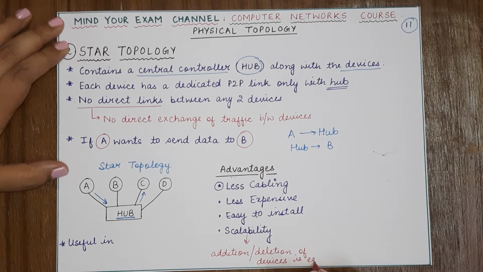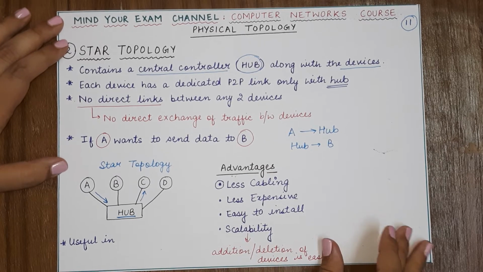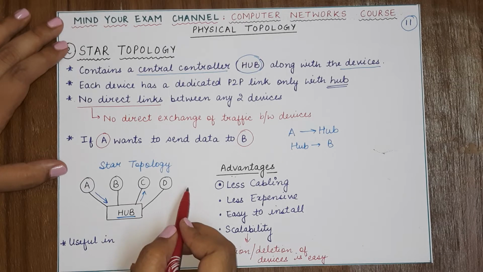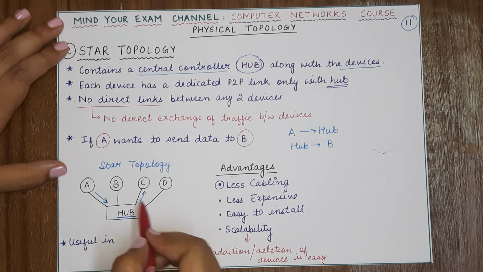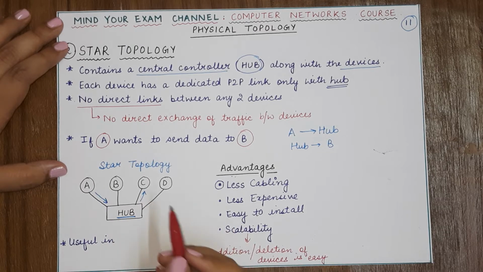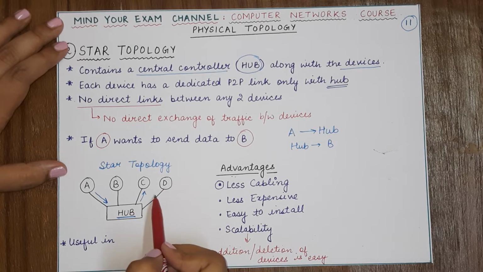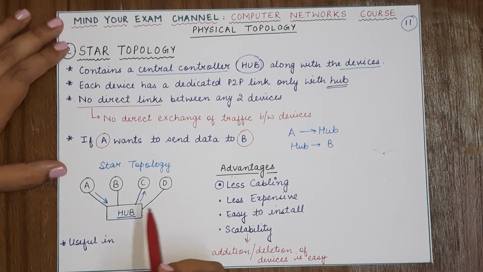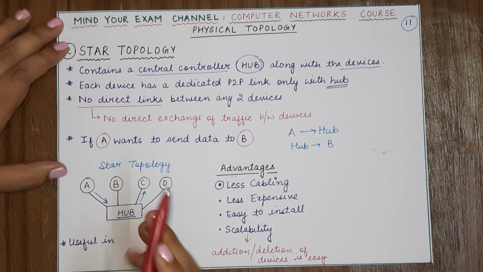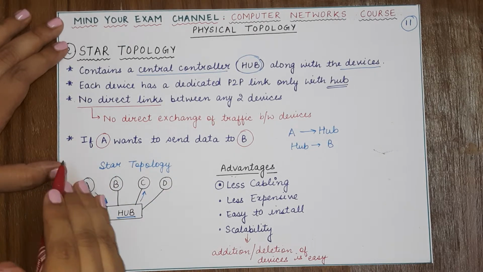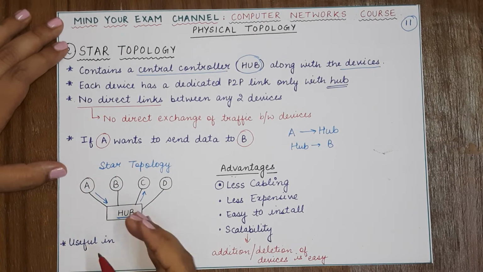So now if any new device has to be added, we just need to connect that device using a single communication physical media to the hub, and removal of that device also will require removing a single connection. And this scalability is an easy process because the remaining configuration of the network, the remaining structure is not getting affected in any way.